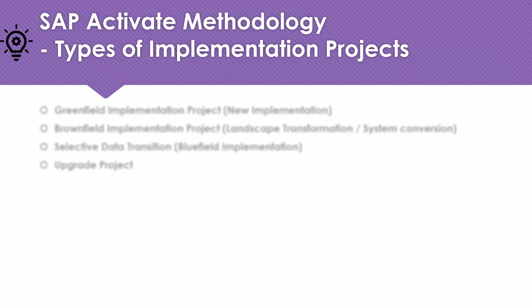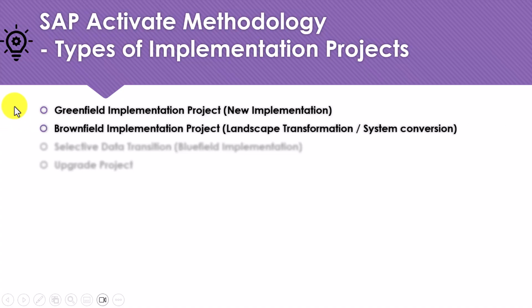SAP Activate Methodology supports different types of implementation projects. Greenfield implementation project, or this is also known as new implementation. Brownfield implementation project, or we can also call it landscape transformation or system conversion.